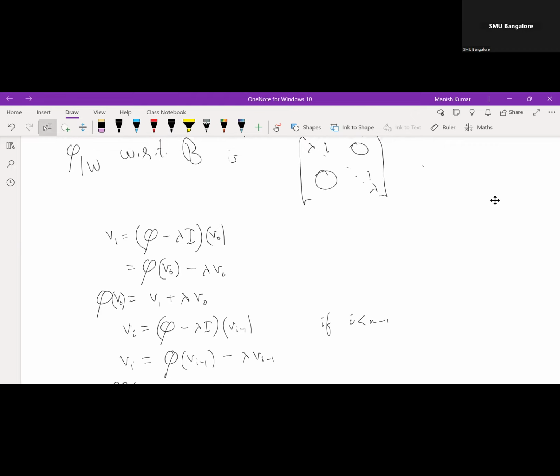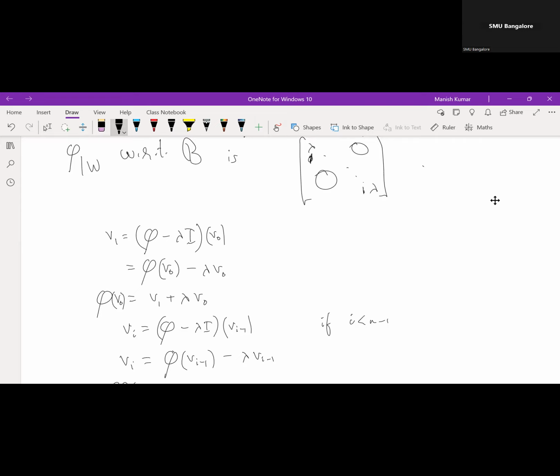So the first line tells you that phi of V0 you can write as lambda times V0 plus V1. I think I'm getting the matrix to be not this, but with the one below instead of above.